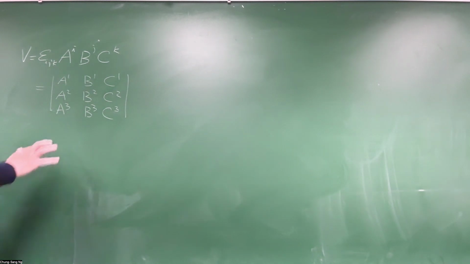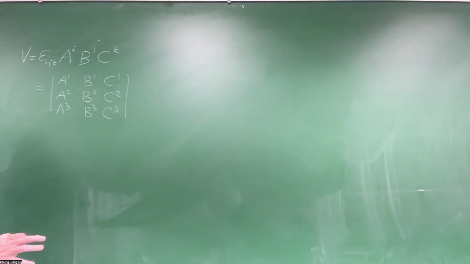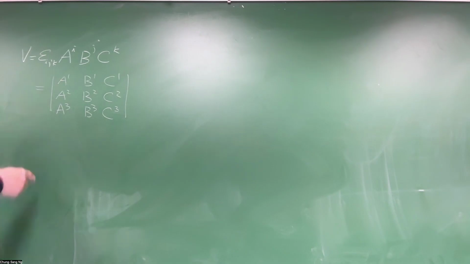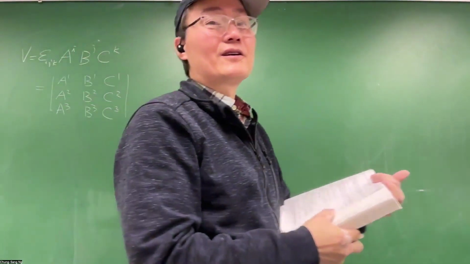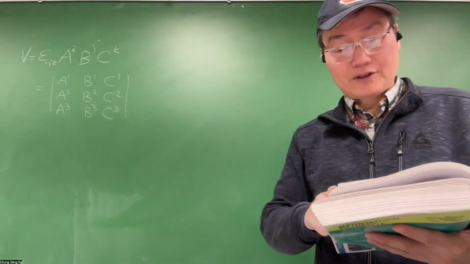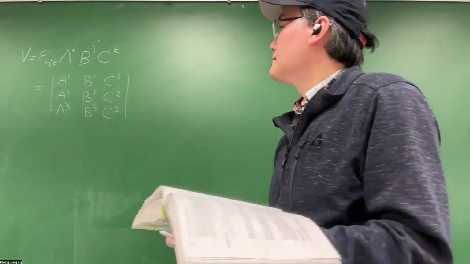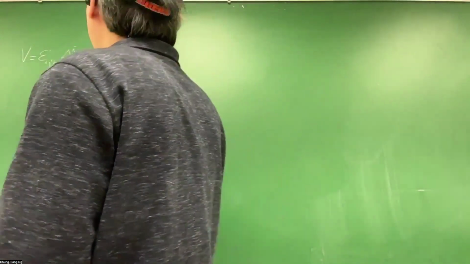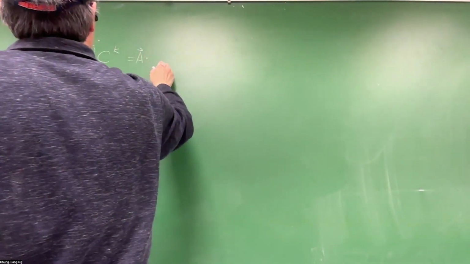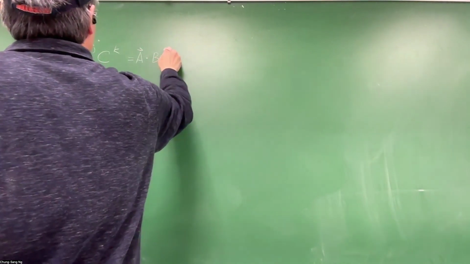So this determinant, where you put three vectors in either rows or columns, is a pseudotensor, a pseudoscalar. That is an example of a pseudoscalar, and in vector form you can also write it according to what we just talked about, in the usual vector notation, A dot B cross C.